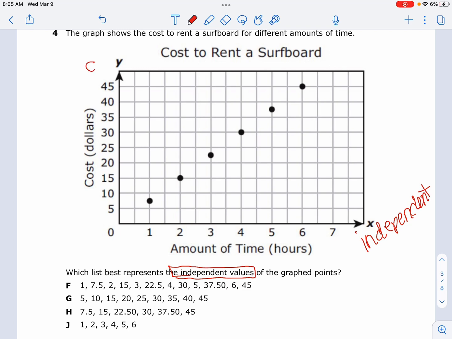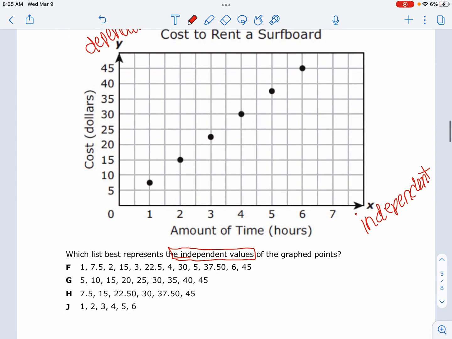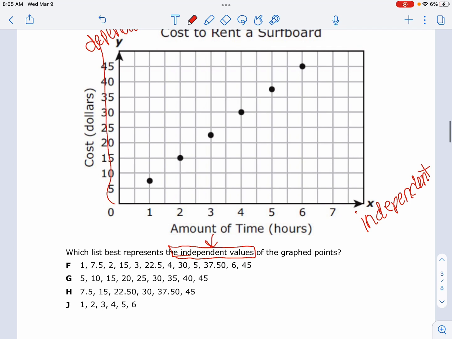And then our Y is always our dependent. Okay, now let's answer our question. We're looking for the independent values, so that means we are not looking at the Y-axis at all. So we're looking at 1, 2, 3, 4, 5, and 6. So our answer is J.